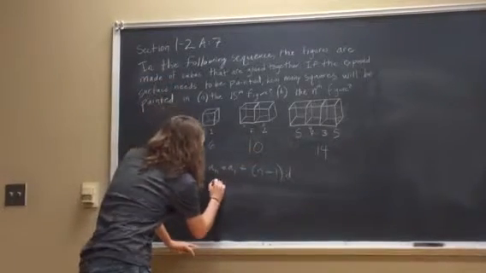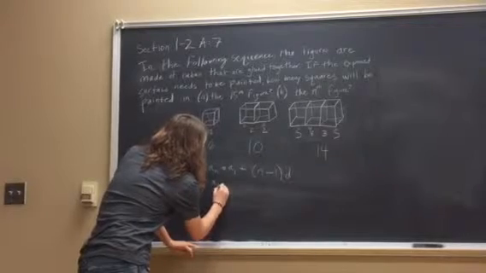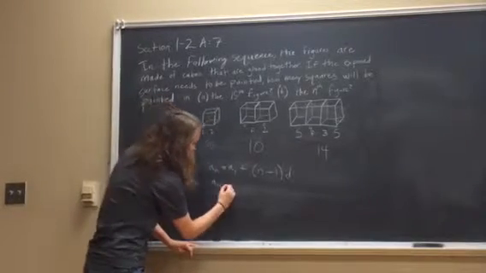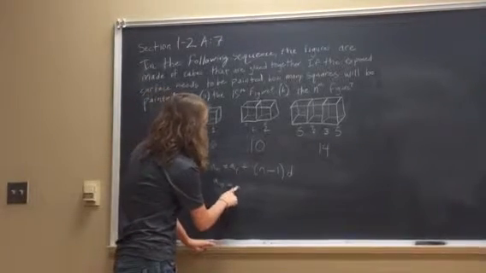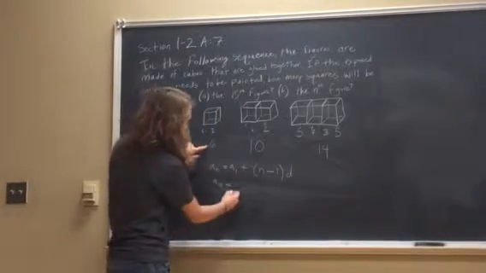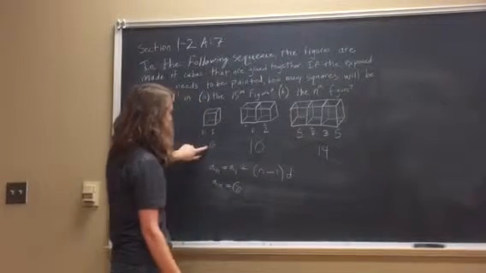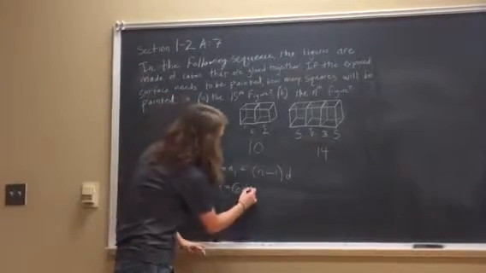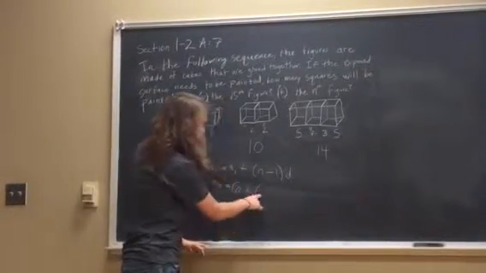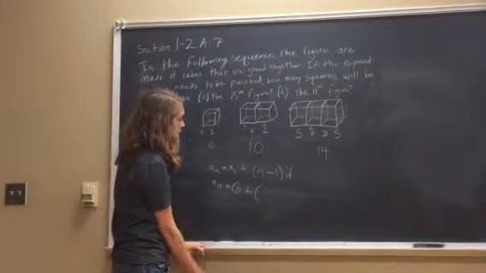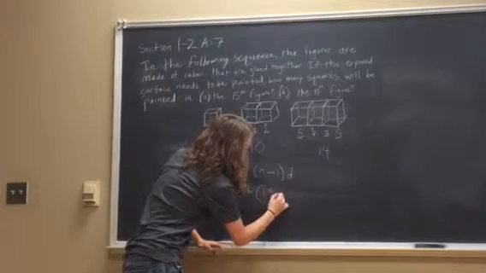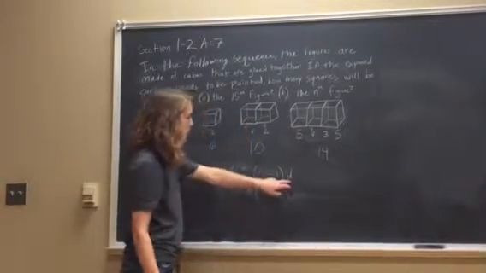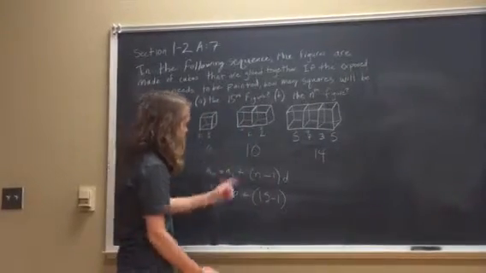So if we write this out, a_15, because that's the term we're trying to find, equals a_1 is 6. That's how many exposed sides we have in the first figure. And then we're adding, in parentheses, n, and n is 15 minus 1 times our distance. And our distance is 4.